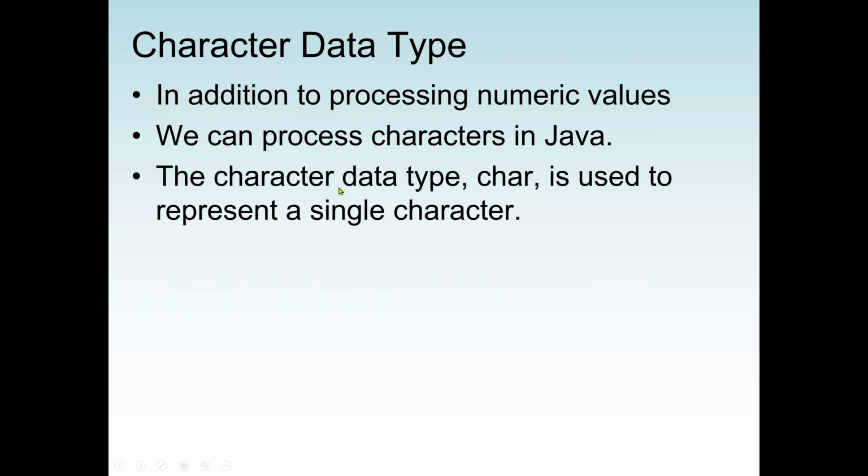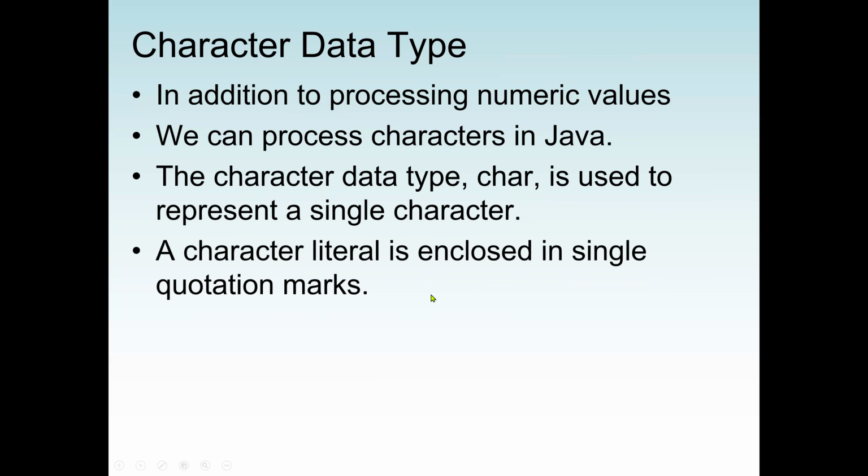So the character data type char is used to represent a single character. Then the data type String represents either an empty string, a single character, or any amount of words, any amount of characters. A character literal is enclosed in single quotation marks.